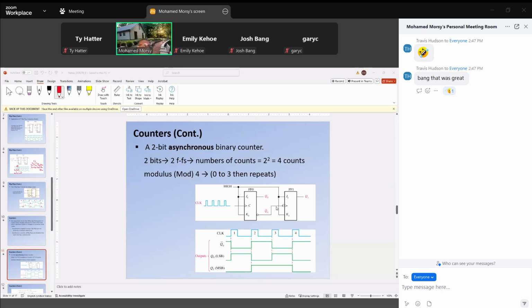So if we look here, first of all, why asynchronous? We mentioned asynchronous means the clock pulse CLK is not applied to all flip-flops at the same time. Look here. This is the clock pulse. It is just applied to the first flip-flop. What is the clock pulse for FF1? Is it CLK or something else?